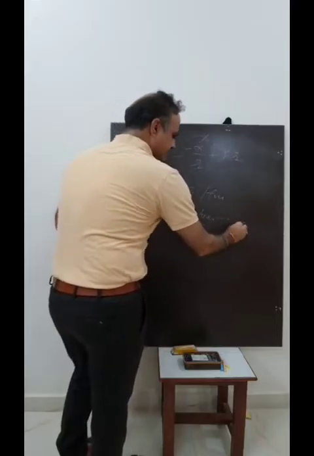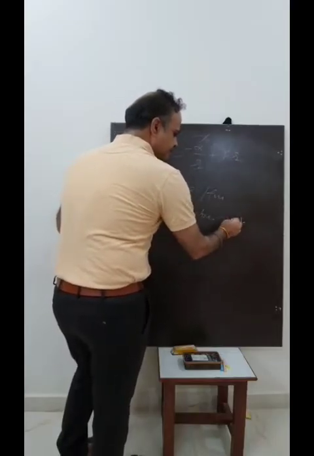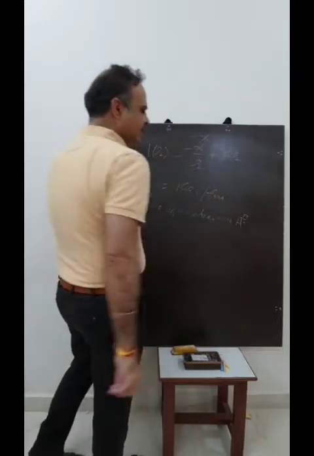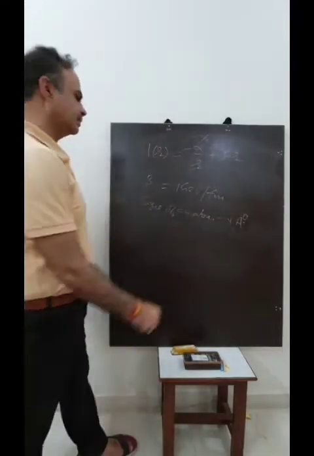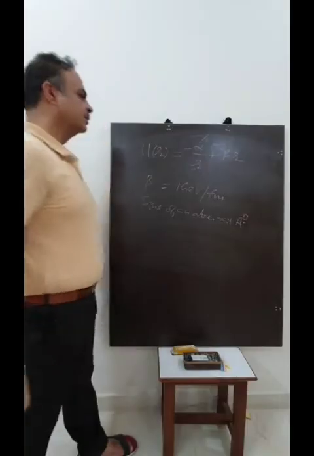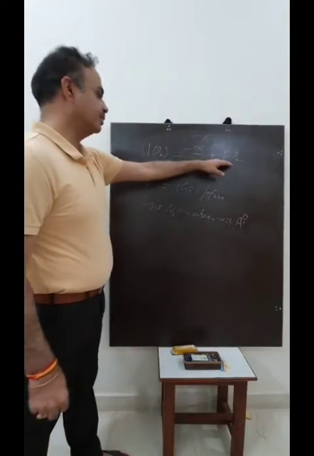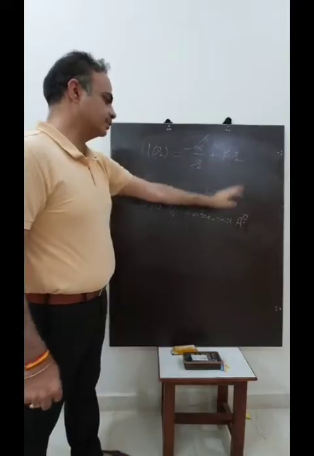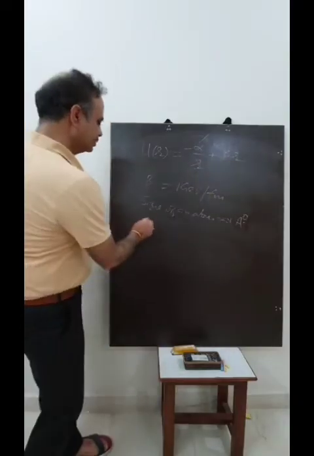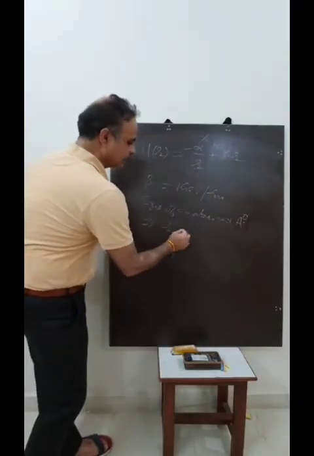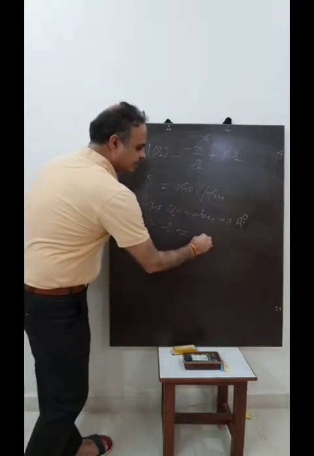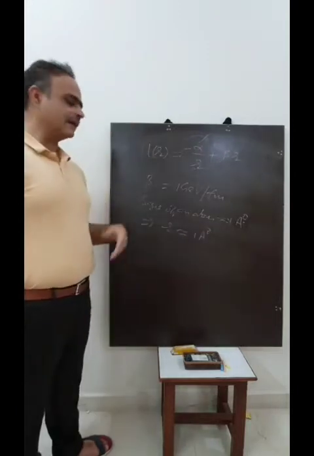If the size of the atom is 1 angstrom, then r must be of the order of 1 angstrom at least.